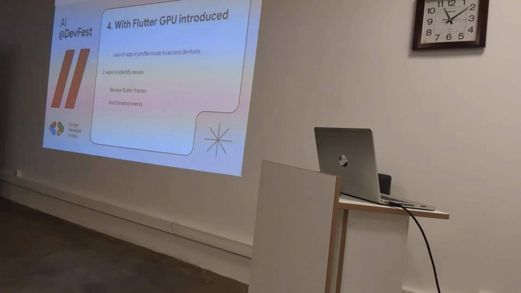Maybe the project is still running, but you can run and debug, and you will be able to select your profile mode. Here you can select your device. What's happening? I think it's taking some time, just one second.